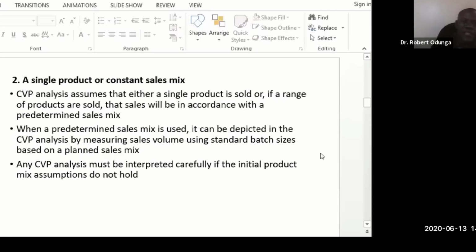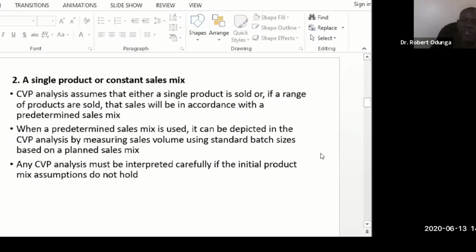Then secondly, a single product or constant sales mix. CVP analysis assumes that either a single product is sold, or if a range of products are sold, that sales will be in accordance with the predetermined sales mix. So questions like how many units of product A should we sell?